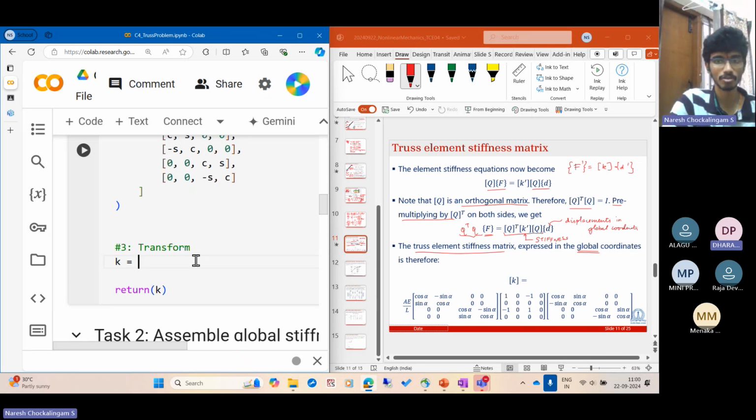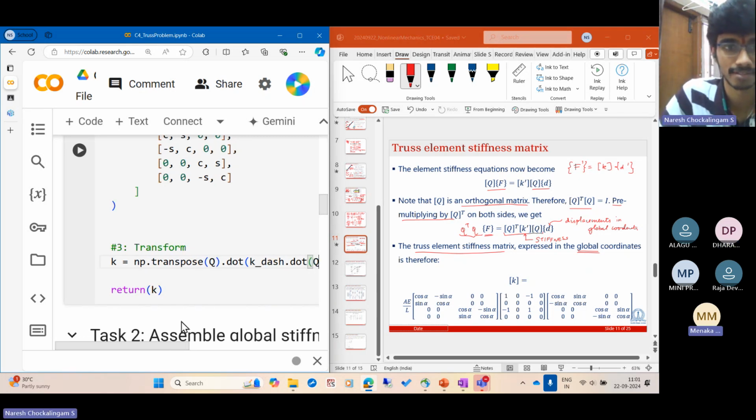np dot transpose of Q, then dot K dash, then dot Q. Right.